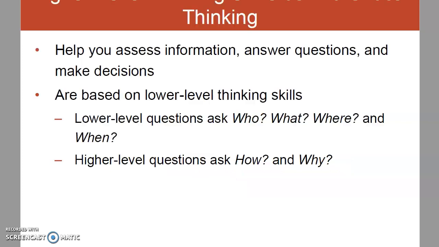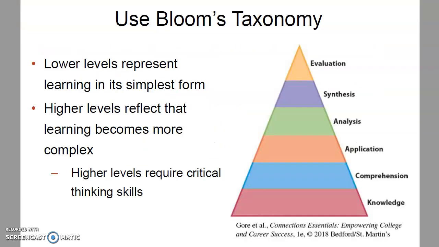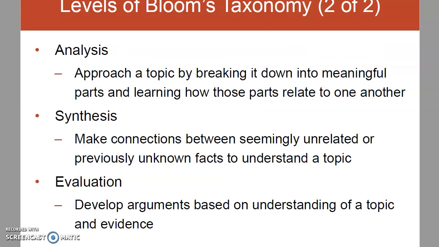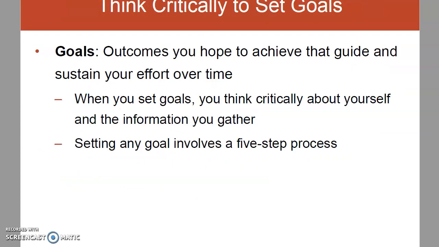We do need to think critically about ourselves when we're writing our goals. That just means we need to think about our own skills and abilities. We also need to gather information about goals we are thinking of setting.